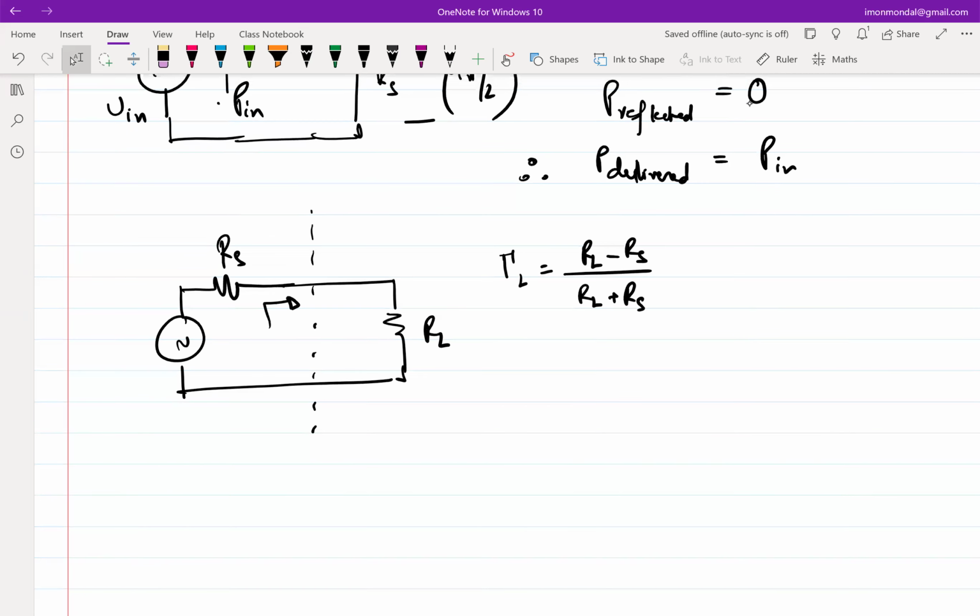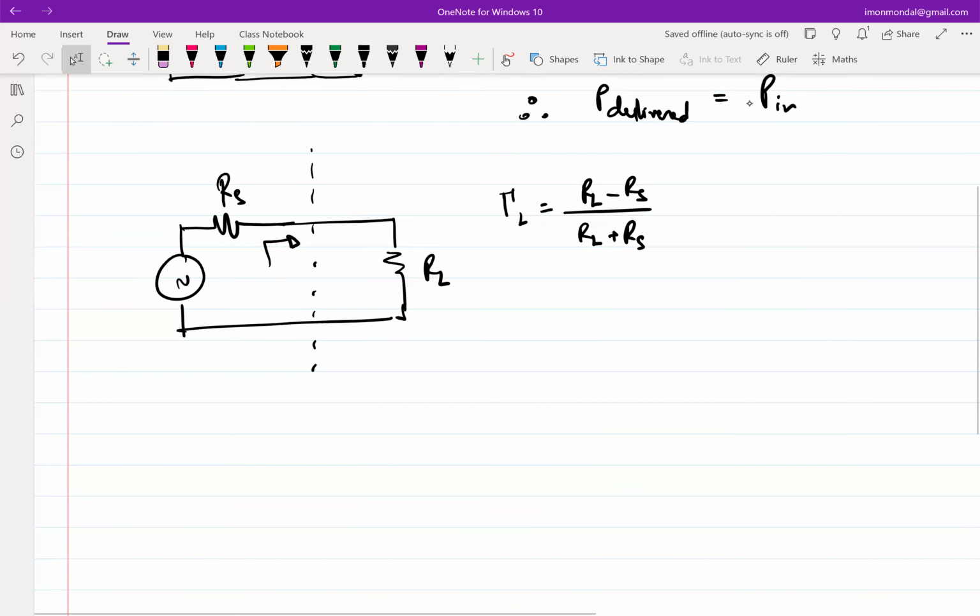So we'll do the old school way in which I'll just find out whatever is the output power using KCL, KVL, and then massage this expression to find out if I can get this power delivered in terms of reflection coefficients or not, right?